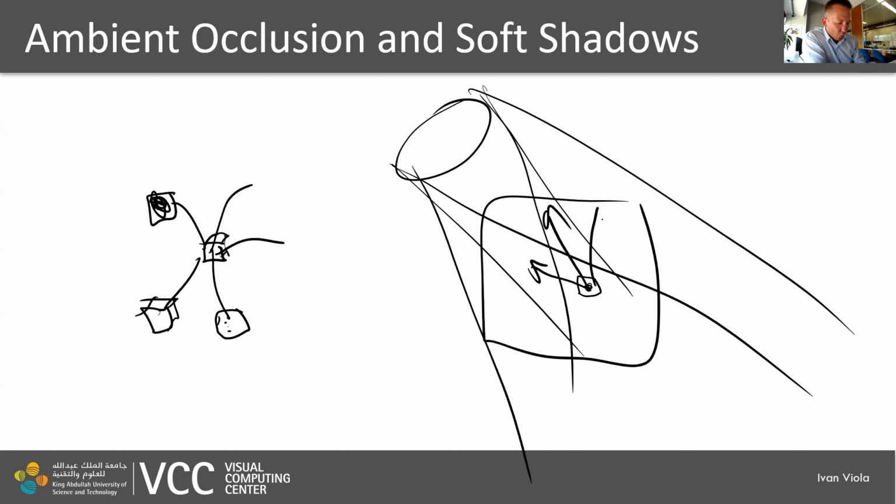So we are going towards the light source, and we are estimating how much occlusion is coming from the neighboring voxels or reconstructed samples which are in the direction towards the light source. That gives us an estimate of how much this voxel is in shadow.